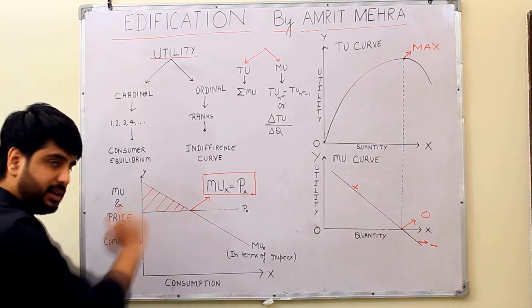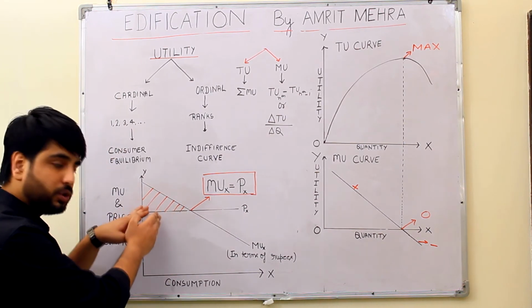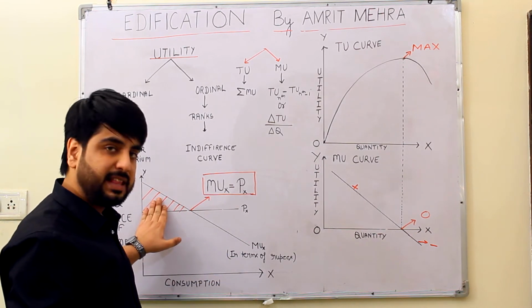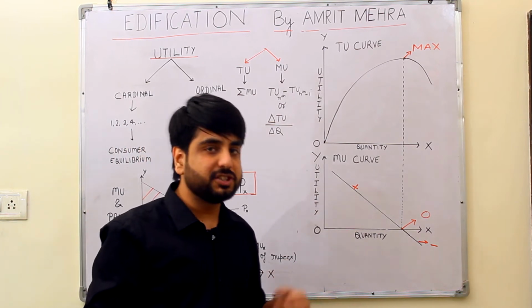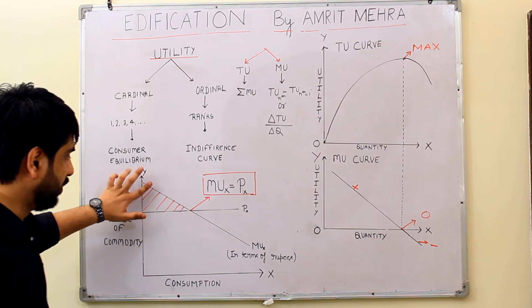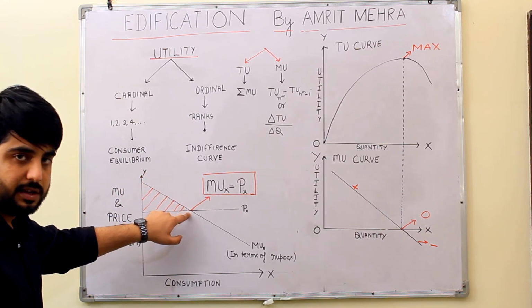This shaded part shows consumer surplus. It tells that the value of marginal utility is higher than the price. The marginal utility value is higher than the price up till this point.